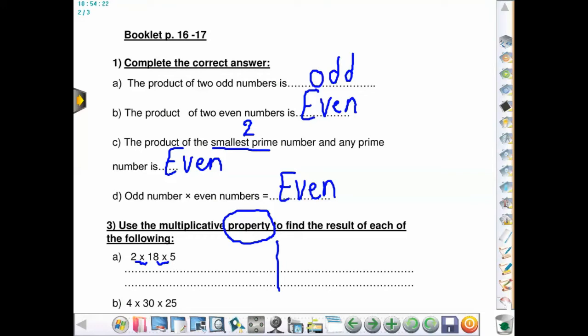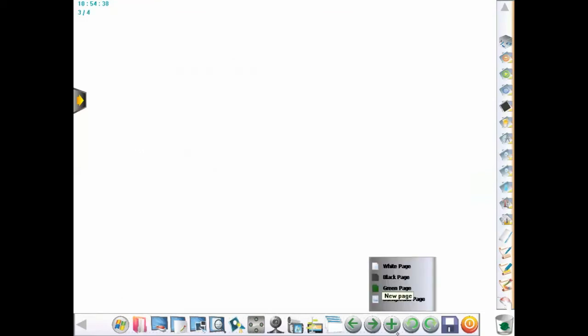Okay, how can we use the properties of multiplication? We know the properties were commutative, associative, and closure. How can we change the places to make the commutative? Okay, open your copybook. To change the places, you have to know the couple friends. What are the couple friends? We know them from grade 4.